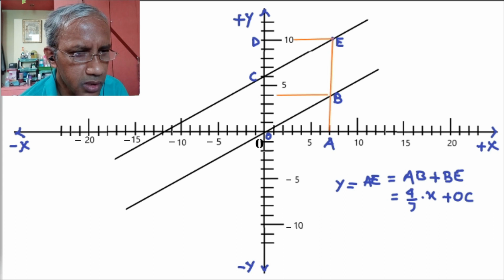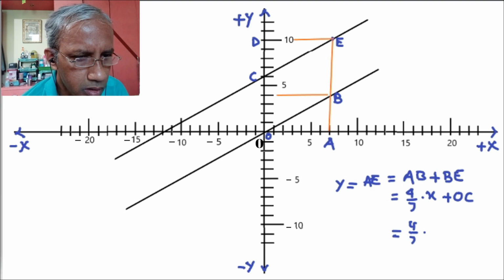Now OC is the constant which is equal to the point through which the arbitrary line cuts the y-axis. That means even if x has not been taken any value, for x to be 0, y would still have some value, that is equal to 4/7 into x plus c, where c is the constant.